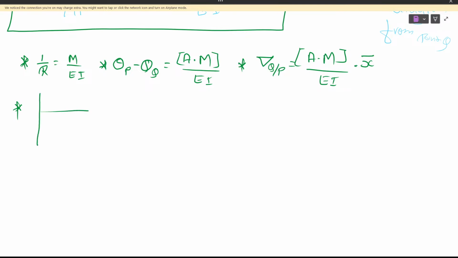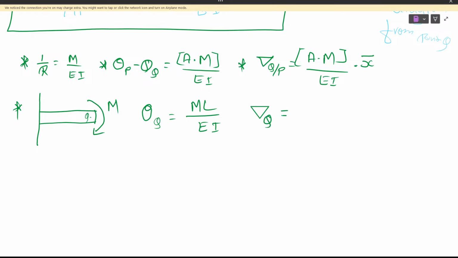First, the cantilever having moment M. The deflection of Q, what will it be? The slope is ML upon EI, and the displacement of Q is ML square upon 2EI.